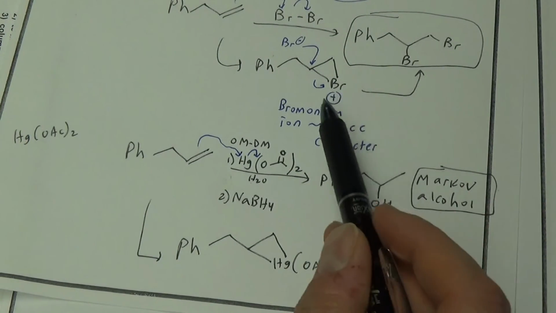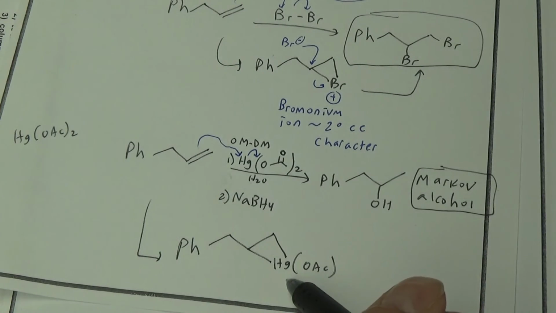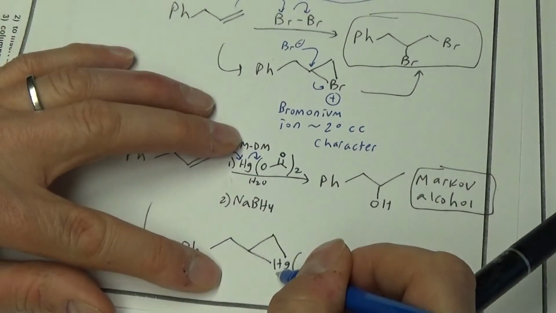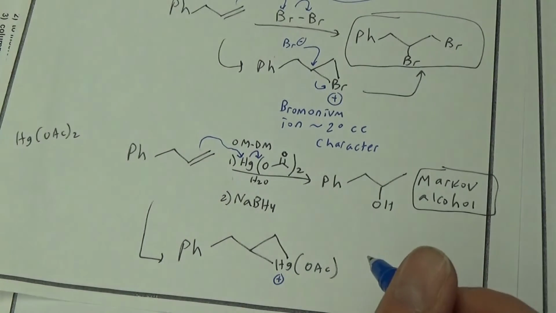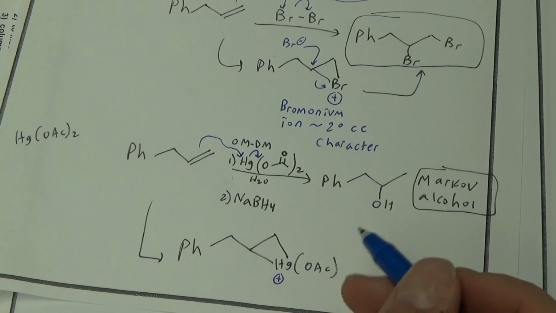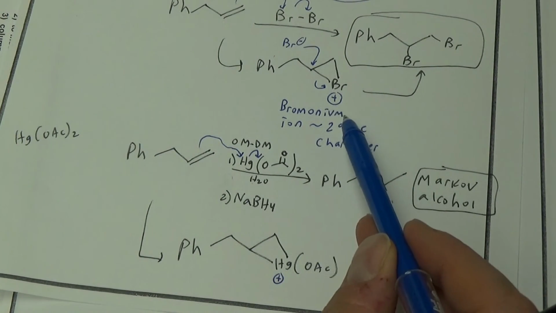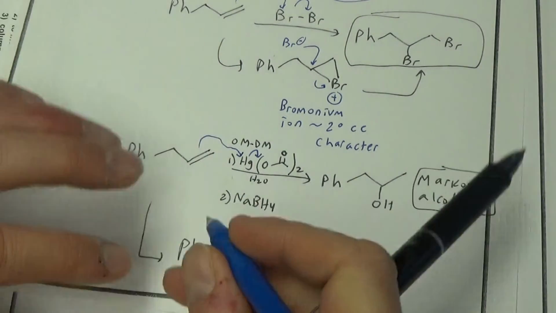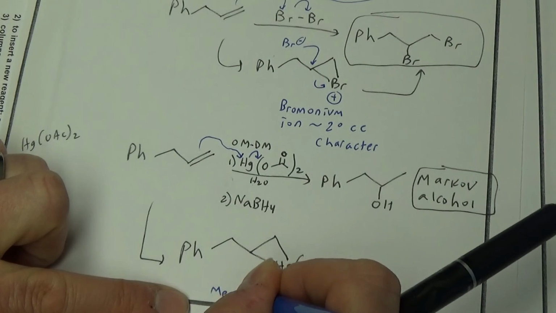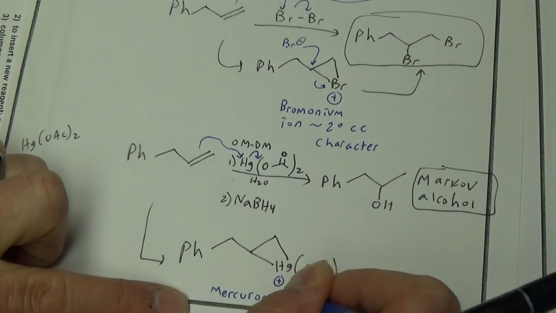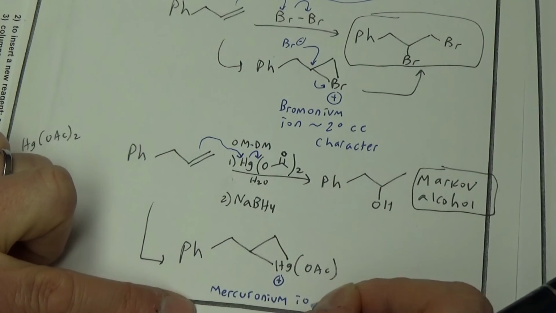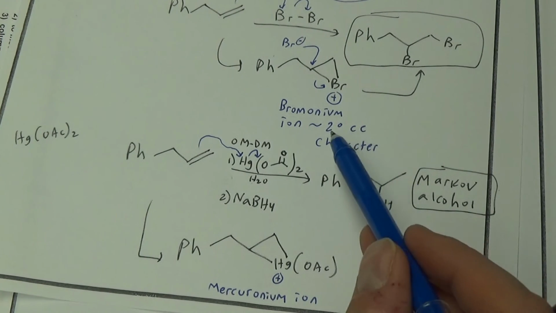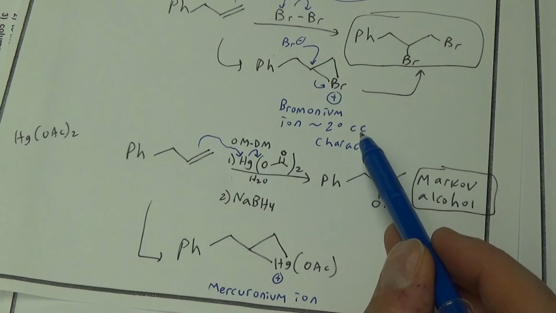And the bromine was positively charged. Who's positively charged now? The mercury. And this was called a bromonium. What's this called? A mercuronium ion.